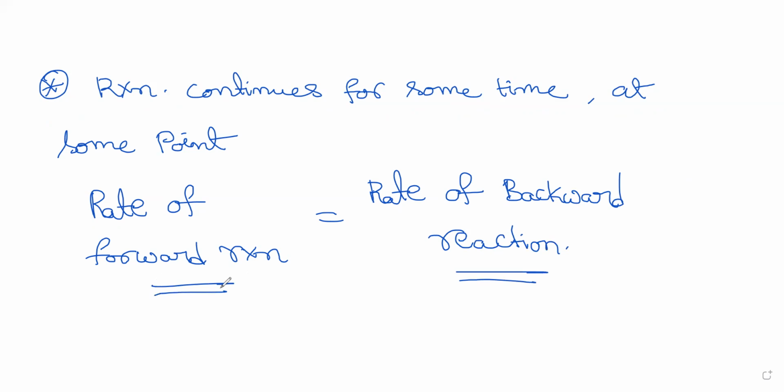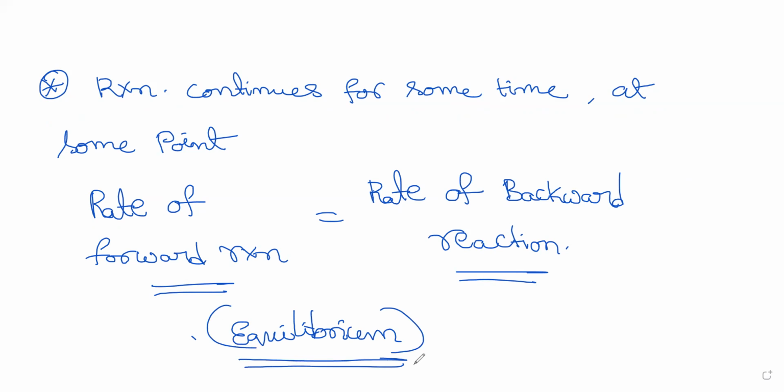At a certain point, we'll achieve this. Such a situation is called equilibrium, or chemical equilibrium. It is also called the equilibrium state. This is what we are going to study.